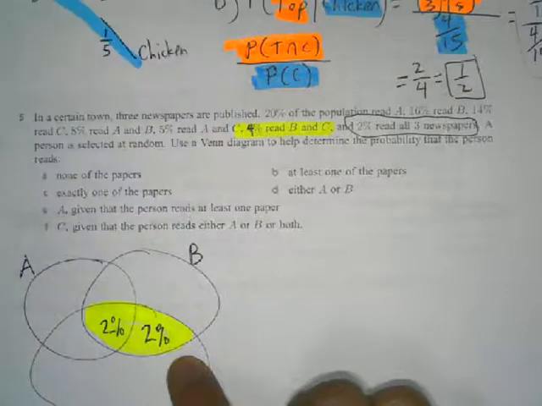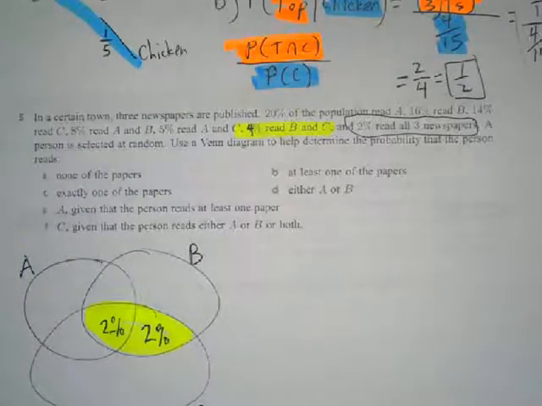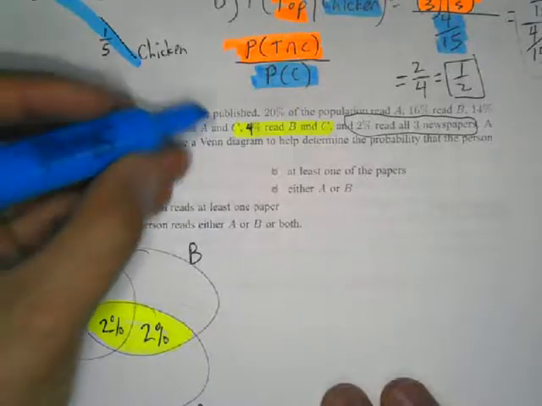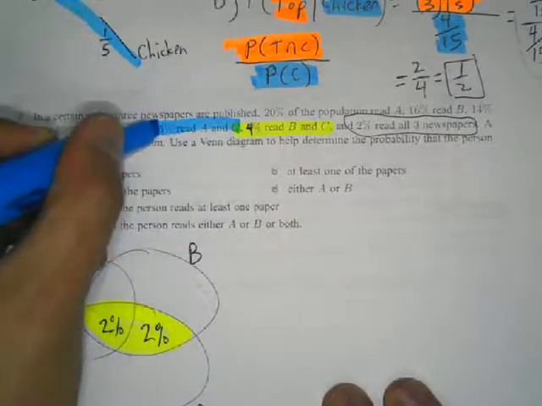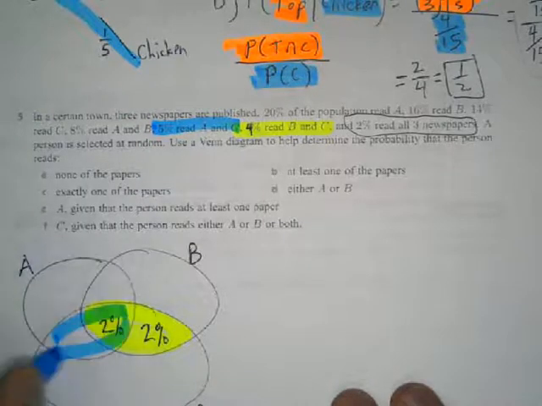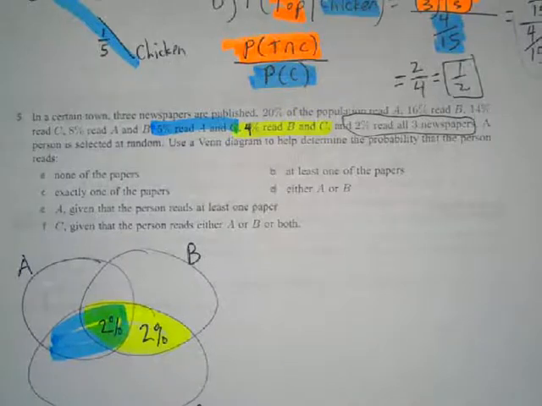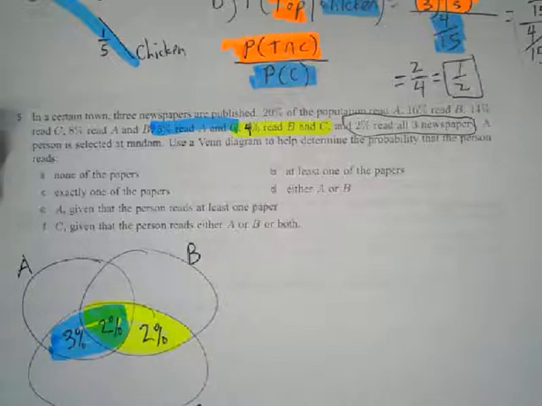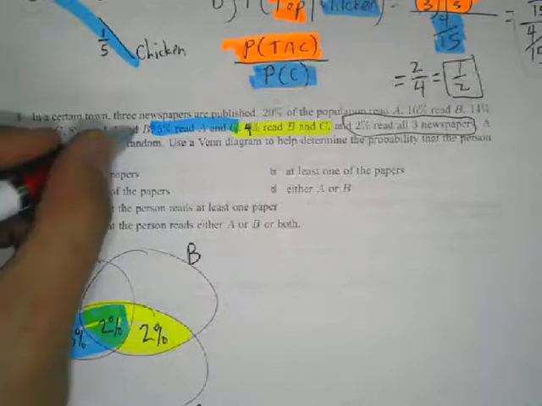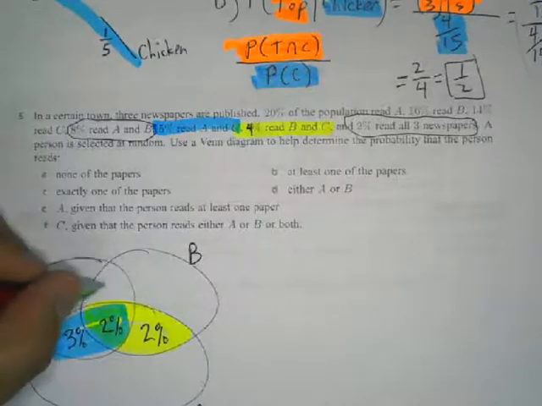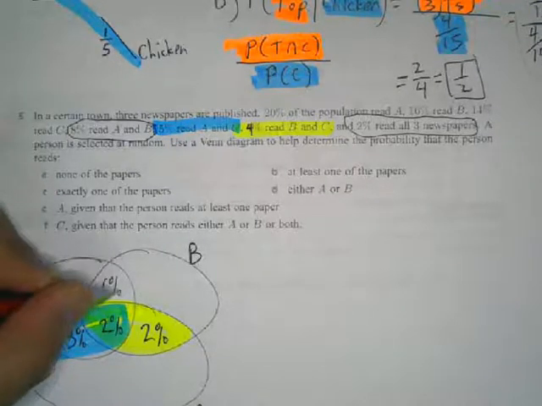Then let's look at another one. 5% read A and C. So this is going to have to be 3% because these two have to add up to 5. And then 8% read A and B. So this is going to have to be 6% because these two have to add up to 8%.